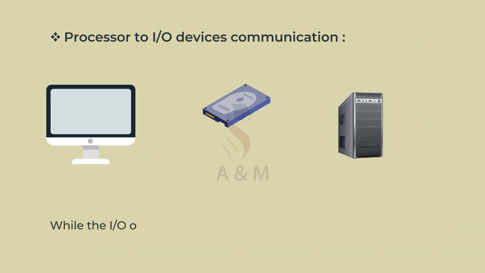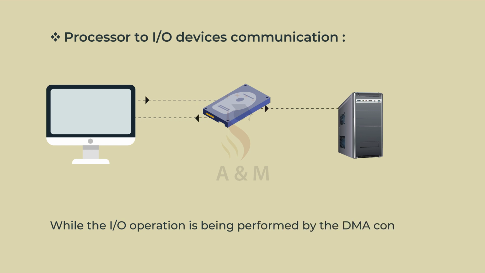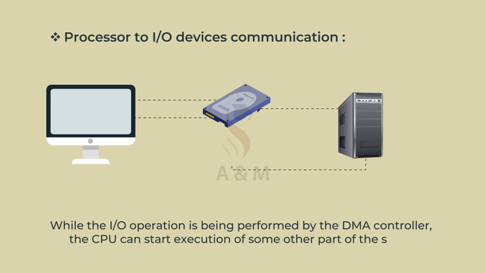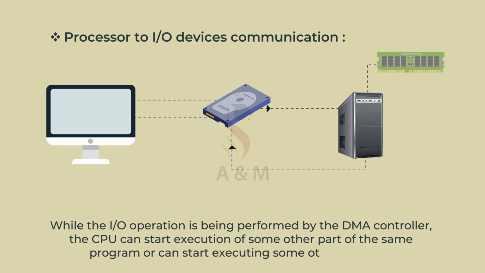While the I/O operation is being performed by a DMA controller, the CPU can start execution of some other part of the same program or can start executing some other program.